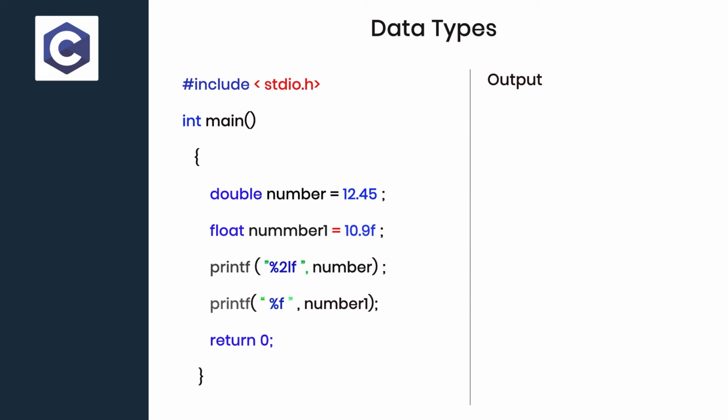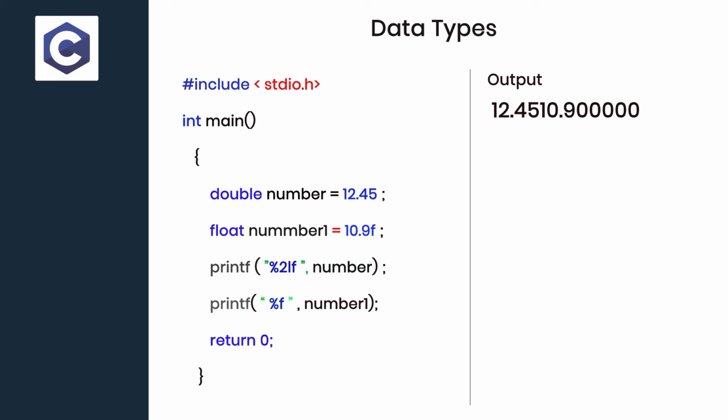Here I have added a float variable with value 10.9, and to indicate it's a float value rather than a double value, I have added f at the end of the number. Here f is not text, it's just the syntax we use in C for float numbers, and %f is the format specifier we use for float variables. Now let me run this code.